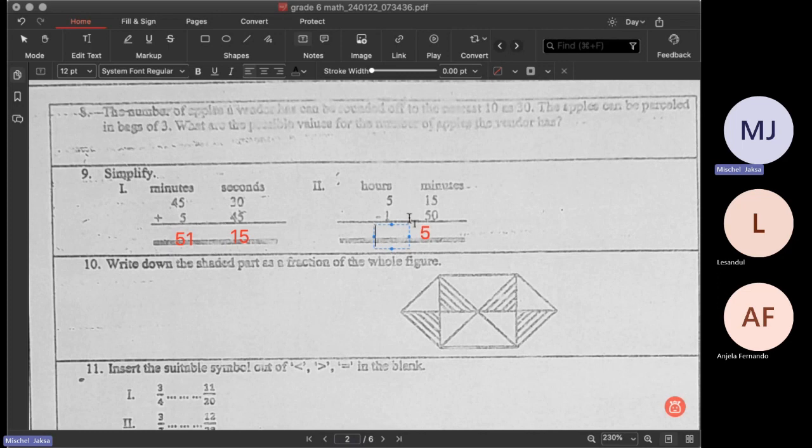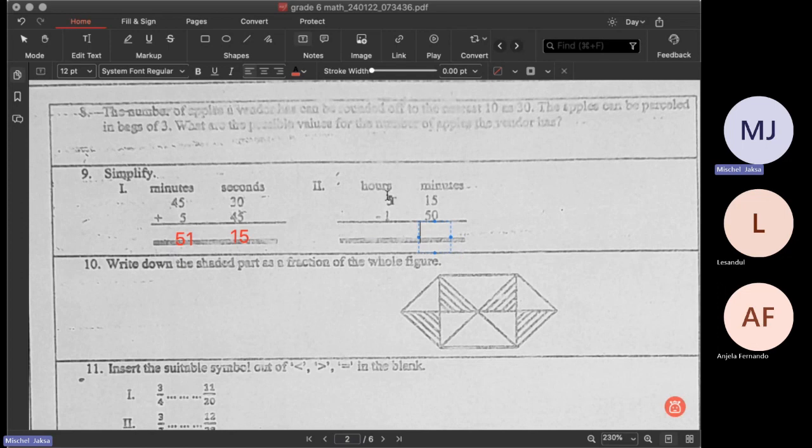6 hours, is it minus? Oh, Pute, yes. I'm sorry, I didn't see that. Here we have a subtraction. Okay, so 5 hours and 15 minutes minus 1 hour and 50 minutes. We cannot subtract 50 from 15. So what do we have to do?